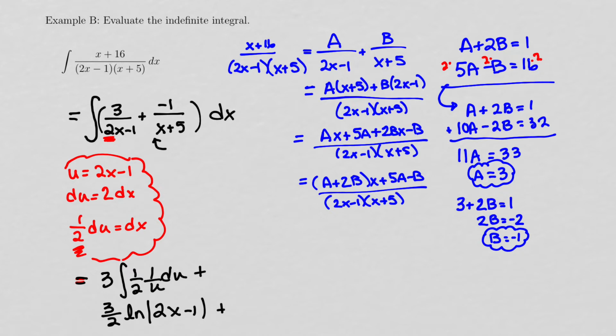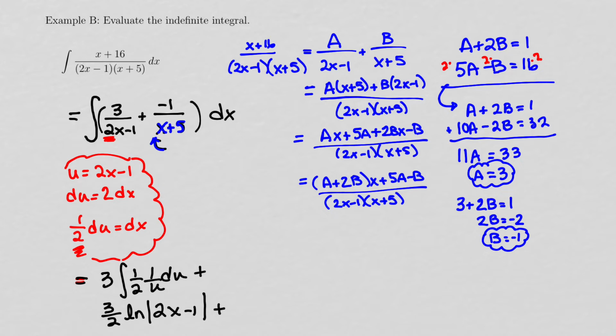And again, I just said the second one is linear. The second one has a linear factor x + 5, but the coefficient is just 1. And if that's the case, it's just a straight up natural logarithm, right?